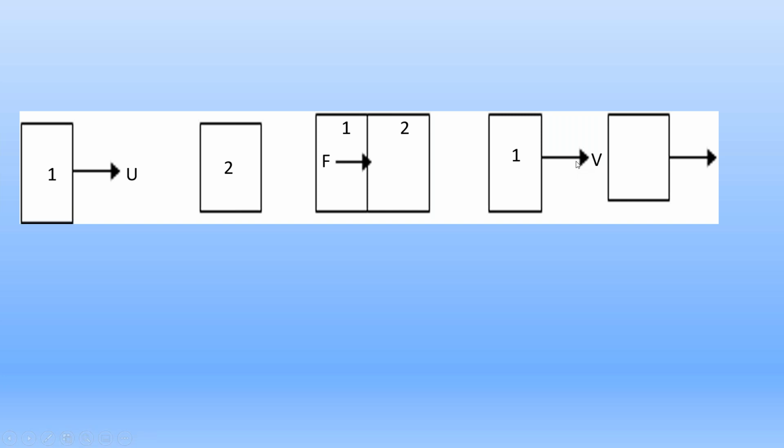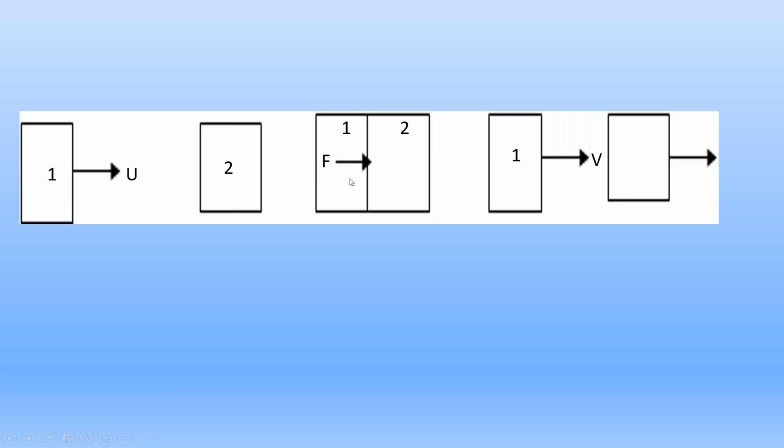Coming to this final velocity v, final velocity is horizontal. So the final linear momentum of this first body is mass into final velocity v. Since final velocity v is horizontal, the final linear momentum is also horizontal. So in this example, force F is horizontal, initial linear momentum m into u is horizontal, final linear momentum m into v is horizontal.